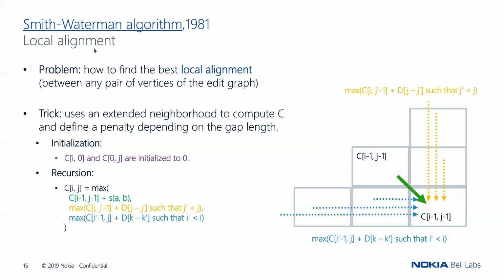So you still initialize your Ci0 and C0j to 0, like in LCS, but to compute the cost of Cij, you will adapt the recursion by taking the cost of the cell i-1, j-1 if you have a diagonal edge, and by considering the best cost among all the cells on the top of your current cell and the best cost among all the cells on the left of your cell.